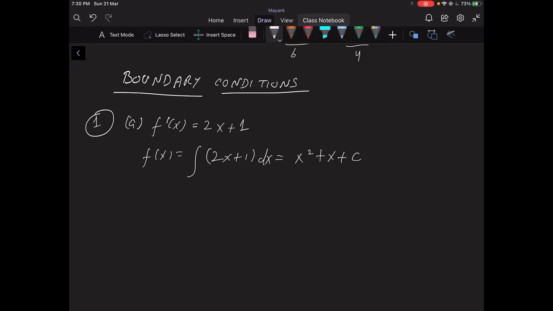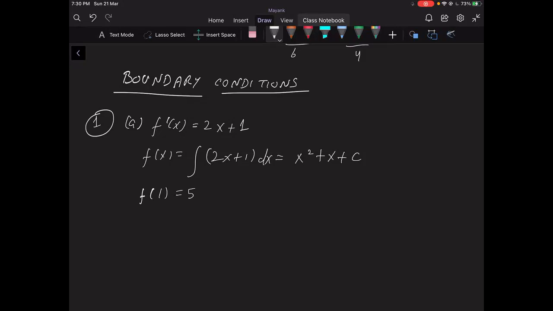So what is that value that they have given? Take a look at that. They have said that the curve passes through 1 and 5. That means x is 1 and y, which is f, is 5 at that point.